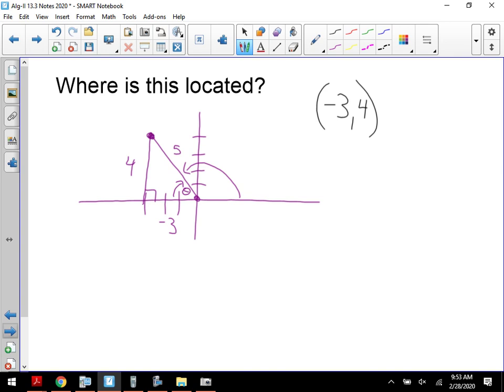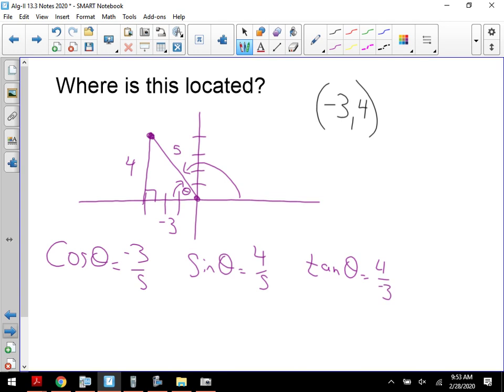Not too bad. Now, what's the cosine of that theta? -3/5. What's the sine of that theta? 4/5. What's the tangent of that theta? 4/-3. Either one is fine. What's the secant?